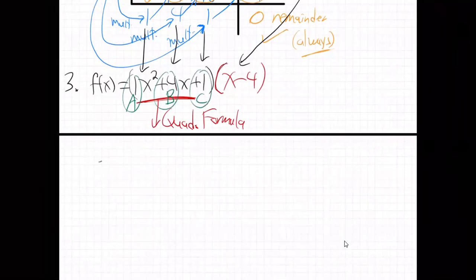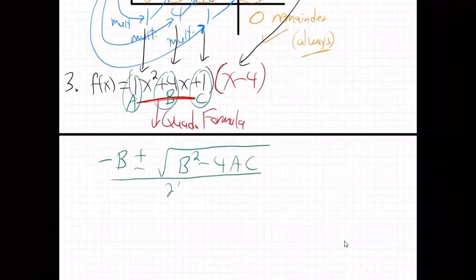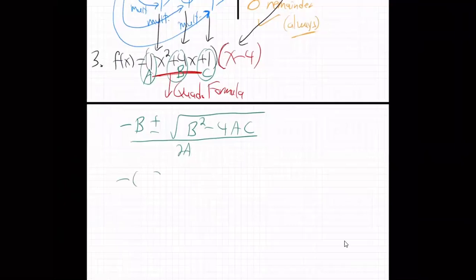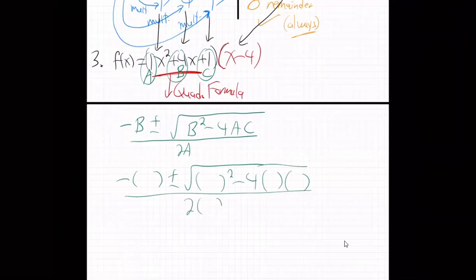So it's negative B plus or minus the square root of B squared minus 4AC all over 2A. The quadratic formula, so it's going to be negative B plus or minus the square root of B squared minus 4 times A times C all over 2A.